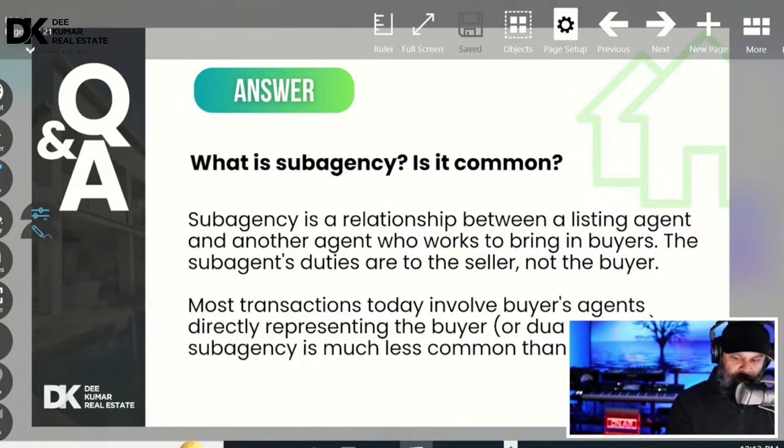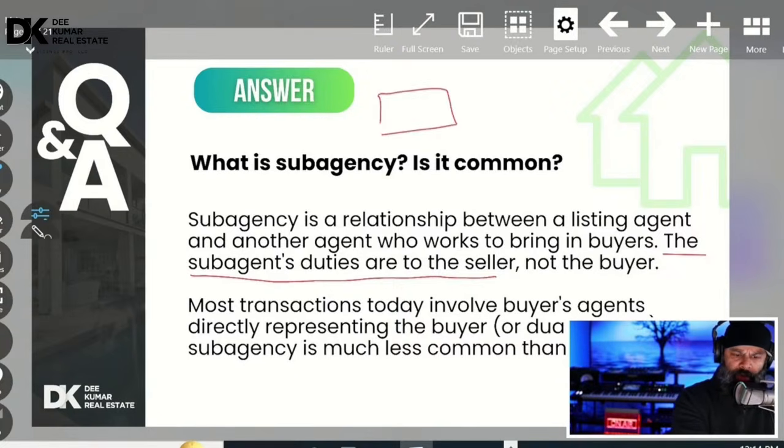First and foremost, sub-agency is a legit thing. It is a situation where there is a third party. Typically, what most people are used to in the real estate business, I'm just going to draw up here, is a seller's agent, and then on the other side of the transaction, a buyer's agent.